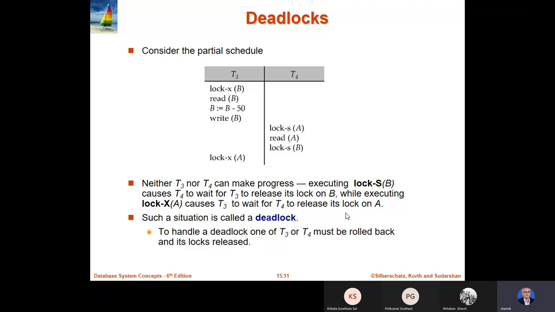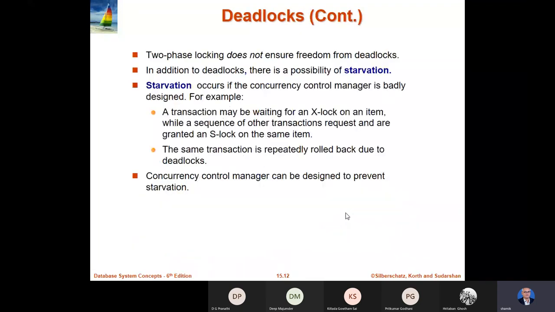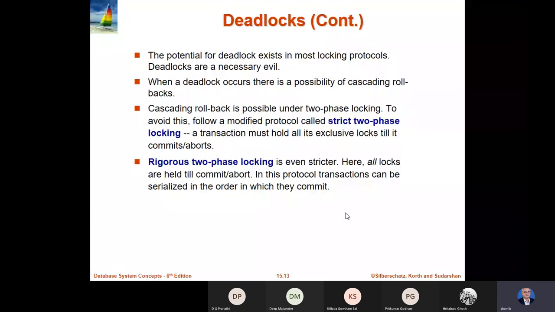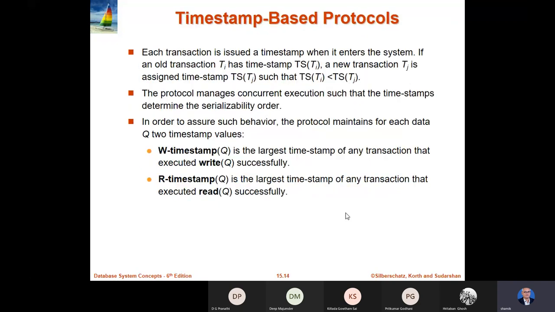We also have discussed that although two-phase locking indeed generates conflict serializable schedules, the schedules generated under two-phase locking are not necessarily deadlock free, which is, as we said, a necessary evil we have to live with, even though we are able to achieve good concurrency features like conflict serializability in the generated schedules. So that is what we have studied so far.